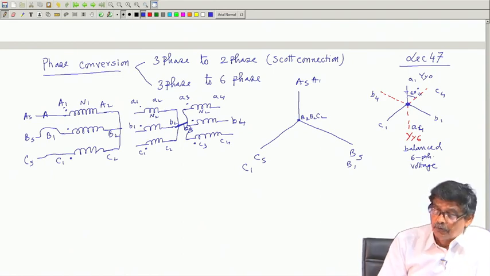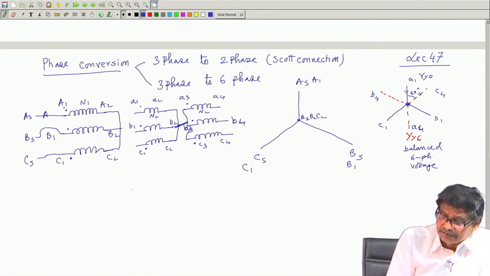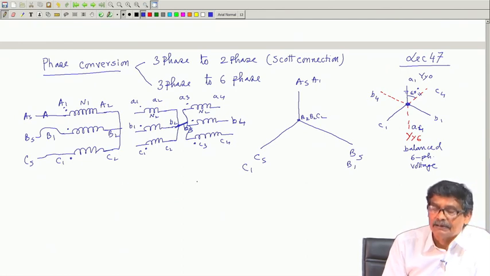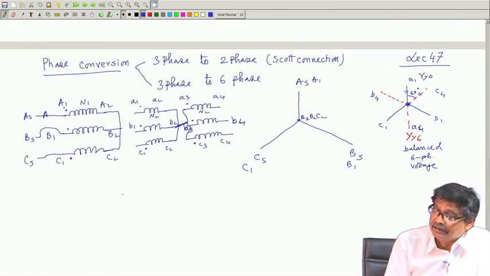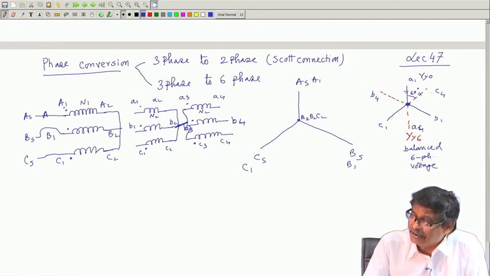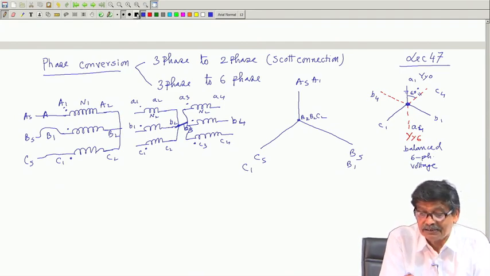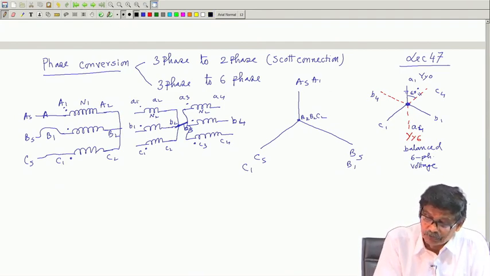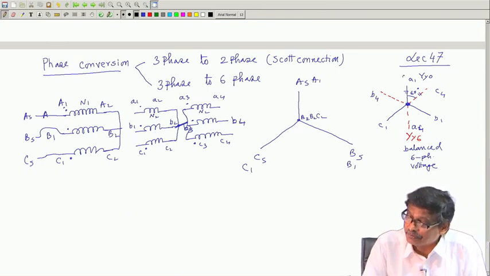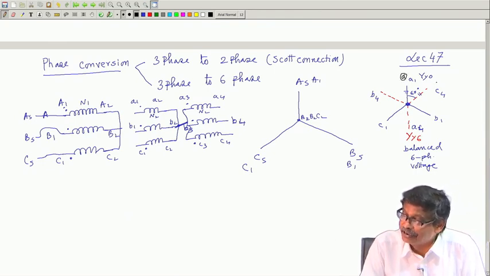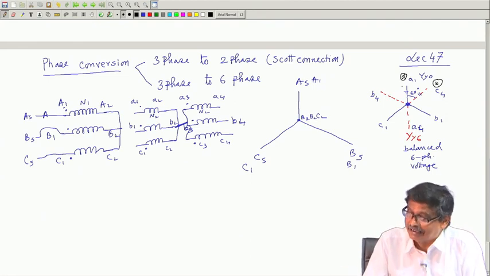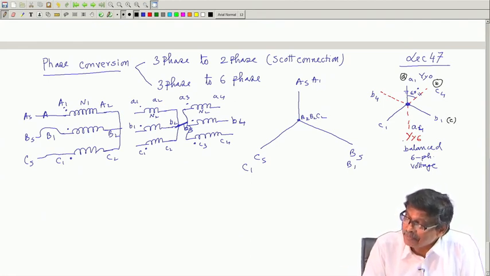We will not discuss much more, but what happens is this: in the diode bridge, the names of these terminals may be changed a bit. What I am telling is, you name this output terminal A1 as A, suppose. This C4 you say B phase of the secondary side, this is C phase, this is D phase, this is E, and this is F phase.